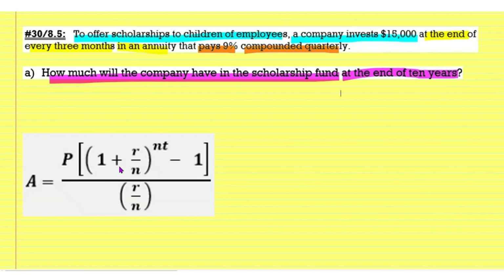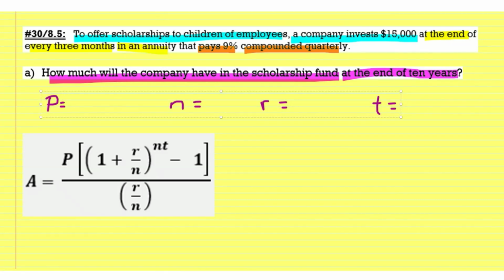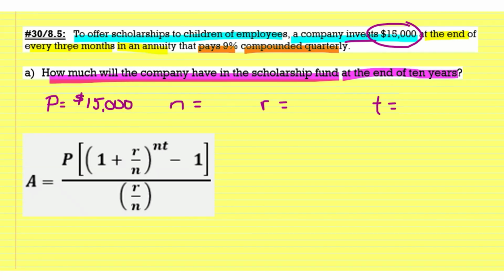So again, we always have to find all the information for our formula. Our P is the regular periodic payment. Well, what kind of payment were they making? They were making a $15,000 payment or investment, so let's do $15,000 as our P. They said they're going to do it at the end of every 3 months.